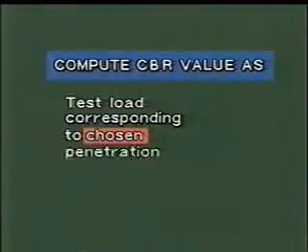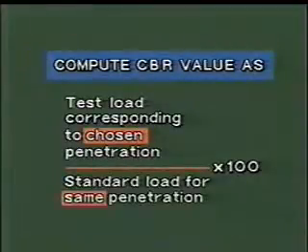From the curve, determine the load corresponding to 2.5 millimeter and 5 millimeter penetration, and compute CBR value as test load corresponding to the chosen penetration divided by standard load for same penetration multiplied by 100.